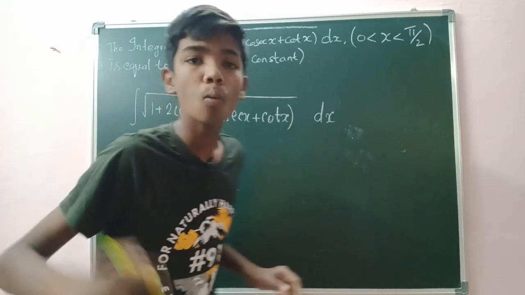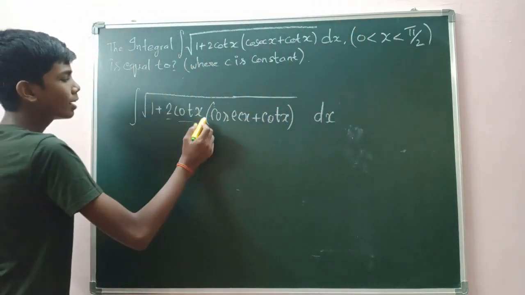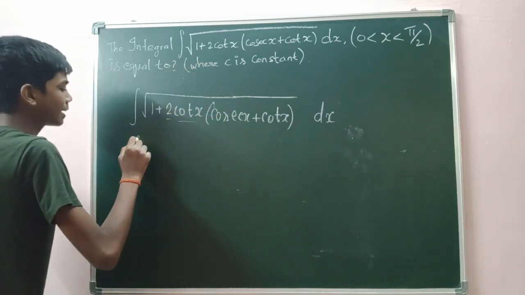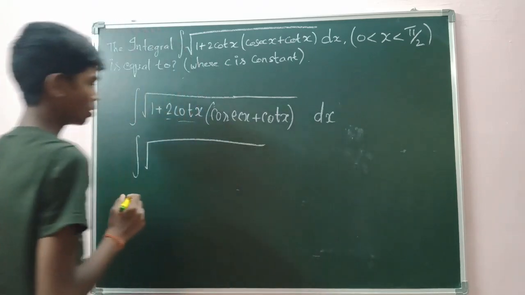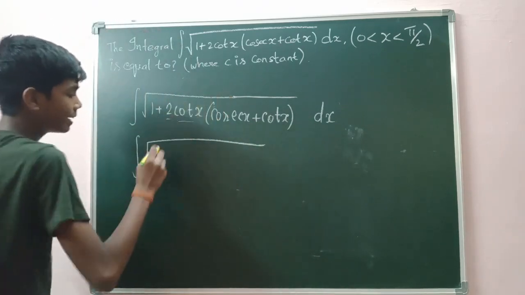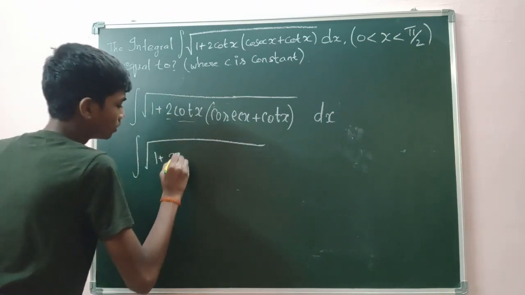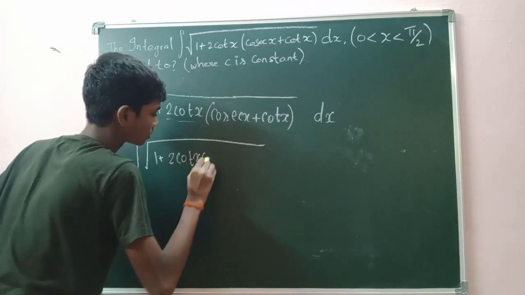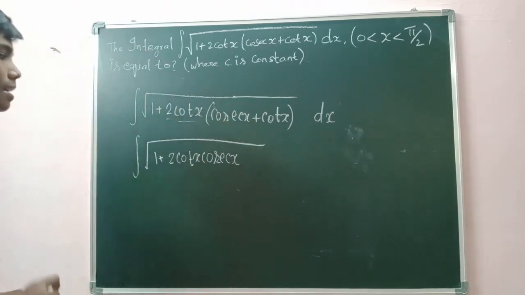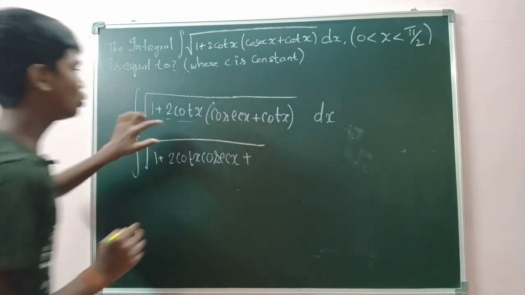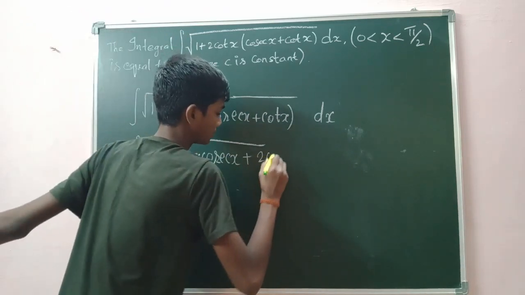So people, what I am going to do here is, just observe very carefully. I am going to multiply this 2 cot x inside the bracket. Therefore, this integral I can write as root of 1 plus, when I multiply, I get 2 cot x times cosecant x, that is 2 cot x cosecant x, then plus 2 cot x times cot x, that is 2 cot square x.